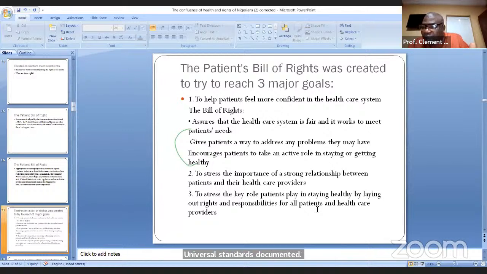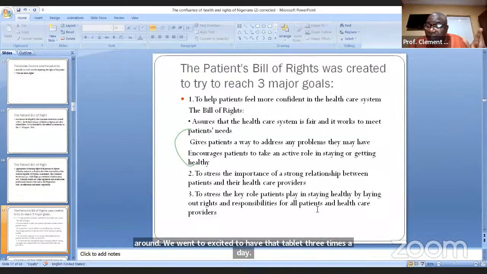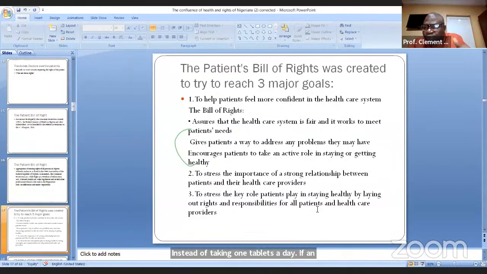But you went home and started taking 2 tablets 3 times a day instead of 1 tablet a day. If a side effect comes from your overuse of the drug, you cannot go and sue the doctor, because the doctor told you what to do. That is called contributory negligence. You have contributed. Even though you are the patient that has suffered harm, you will not have any claim to make against your doctor. So that is another role it plays: it makes a patient active in staying healthy.